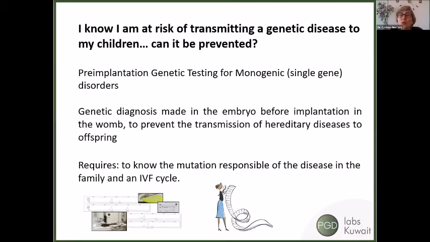So once we know that we are at risk of having a child with a genetic disorder, whether because we did a preconception genetic test or because there is a genetic disease in my family, I can prevent that. I can stop transmitting this disease to future generations. There is one test called preimplantation genetic testing for monogenic diseases. This is one option.